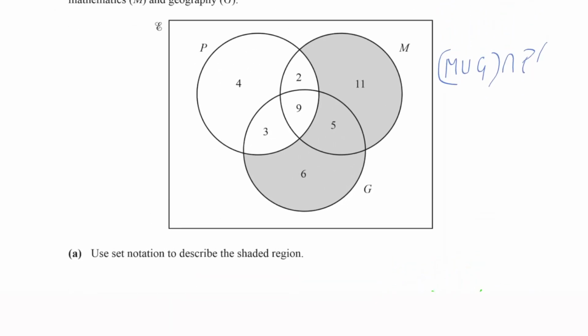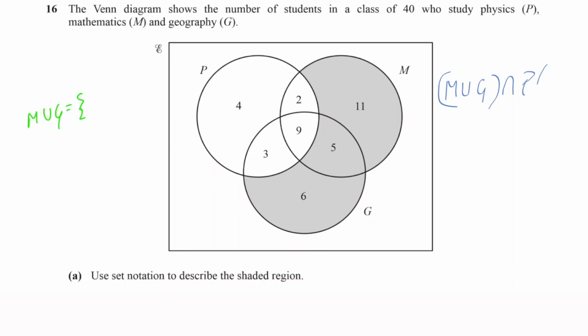I know that it's going to take a little bit of time, but try to understand. Understanding is much more needed than the answers that I'm giving you. So M union G is what? M union G means all the parts that are in the union, right? So we have to write all the numbers 2, 3, 5, 6, 9, and 11.